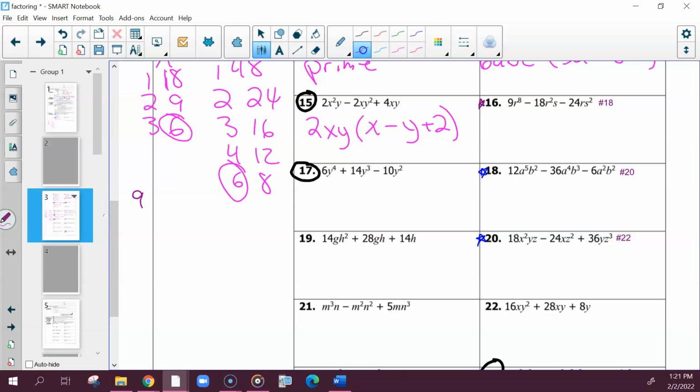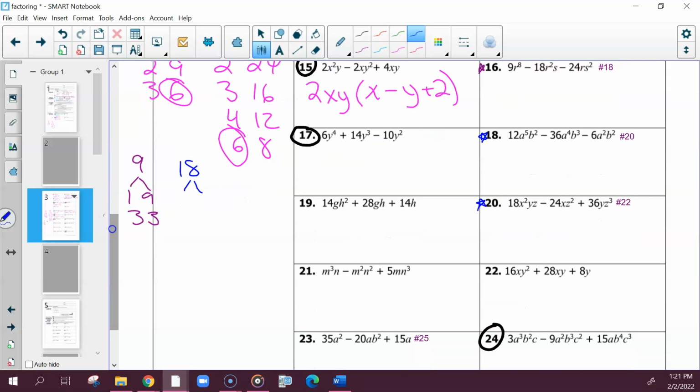For 9, we have 1 and 9, and 3 and 3. For 18, I'm going to disregard that it's negative right now. I'm just looking at the number itself. We have 1 and 18, 2 and 9, 3 and 6. So right now it's looking like 3, but we need to make sure.